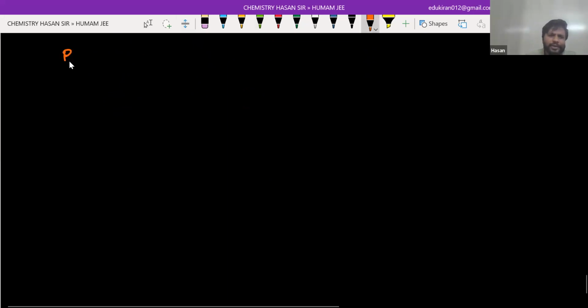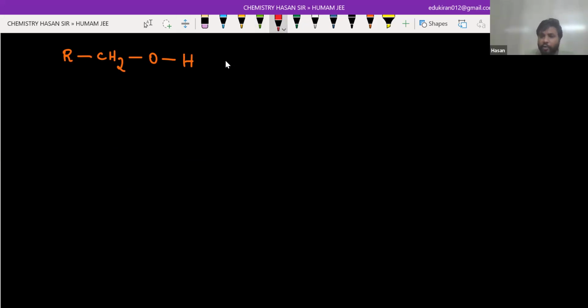Now see, we have this R, there is CH2, and there is OH. On the basis of electrophiles and nucleophiles, the alcohol's chemical properties are divided into two parts. When cleavage of the OH bond takes place, it is one chemical reaction type for alcohol, and when cleavage of the CO bond is taking place, it is another.